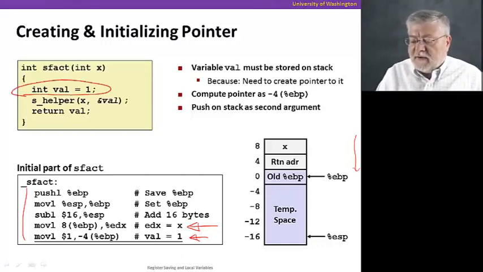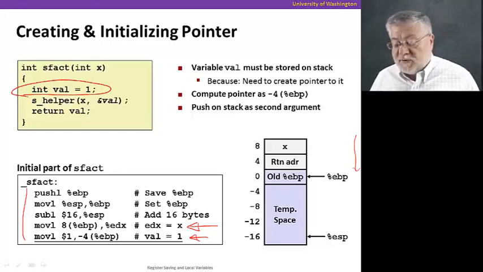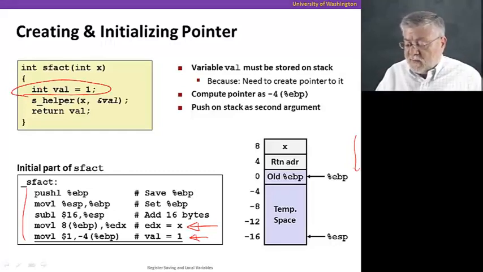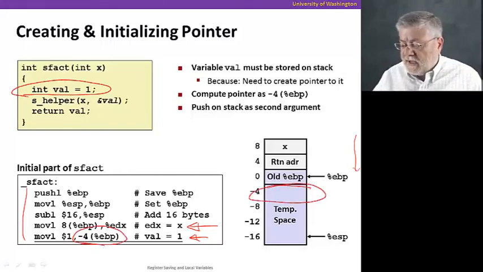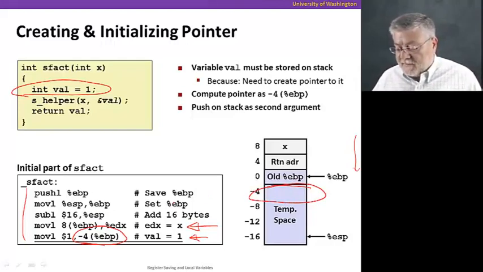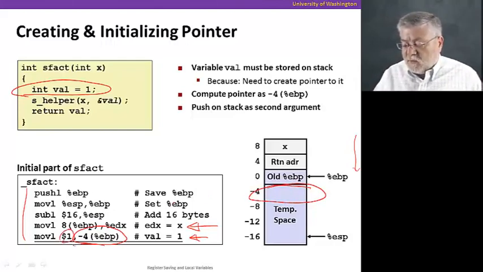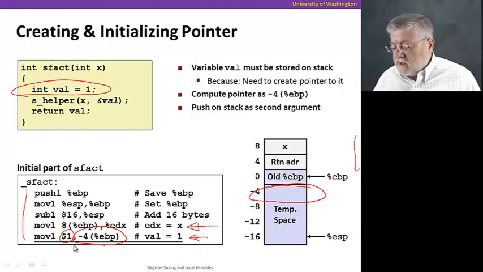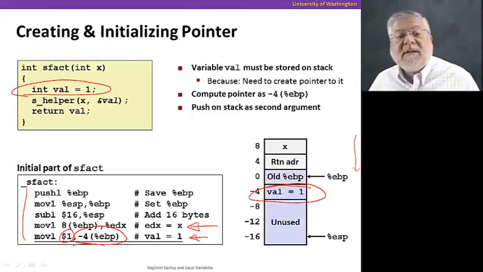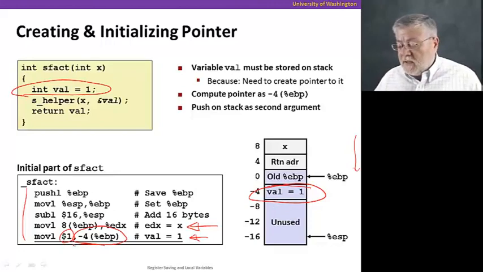Val is a local variable declared inside the procedure, and you notice that we've made a place for it at -4 EBP. That corresponds to this location, our first temporary word on the stack. And we're going to just put the literal 1 there. So that creates that variable val and gives it the initial value of 1.